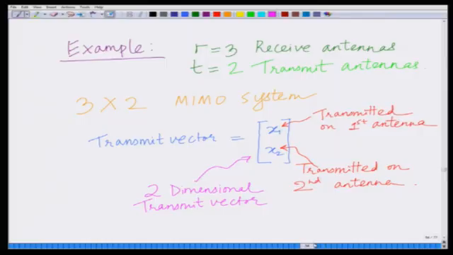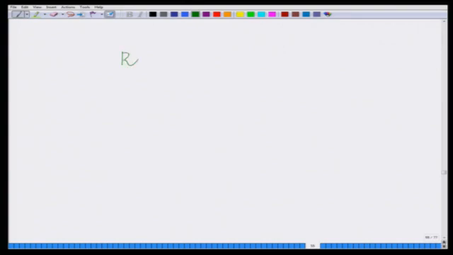Since we have 3 receive antennas, my receive vector equals y1, y2, y3, where y1 is the symbol received on the first receive antenna, y2 is the symbol received on the second receive antenna, y3 is the symbol received on the third receive antenna, and therefore, we have a 3 dimensional receive symbol vector, correct.